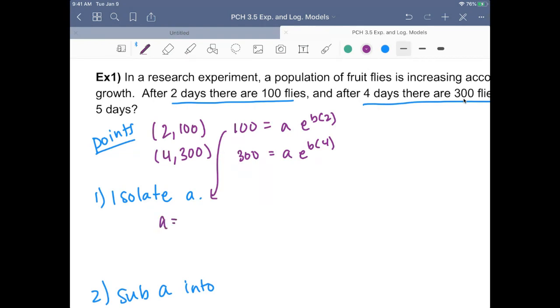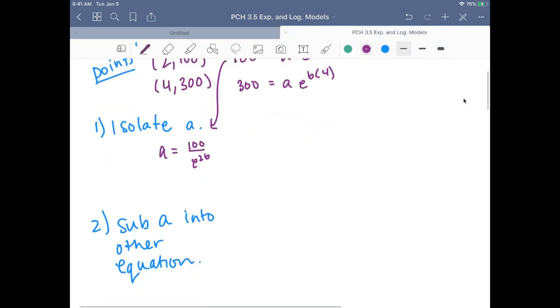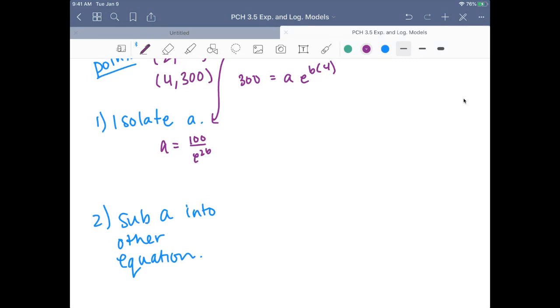So I get a is equal to 100 over e to the 2b. Okay. Then we're going to substitute that into the other equation, right here.